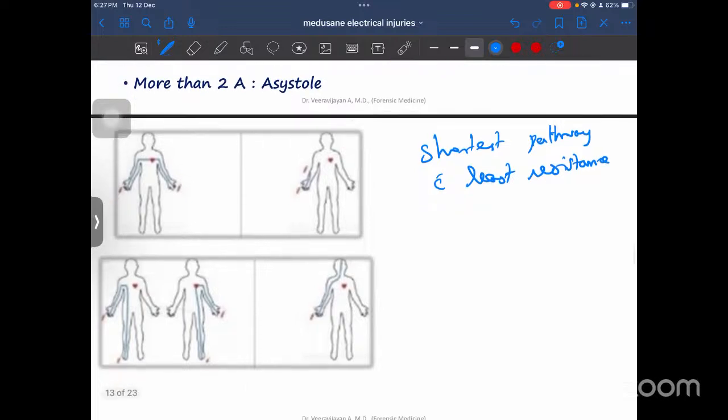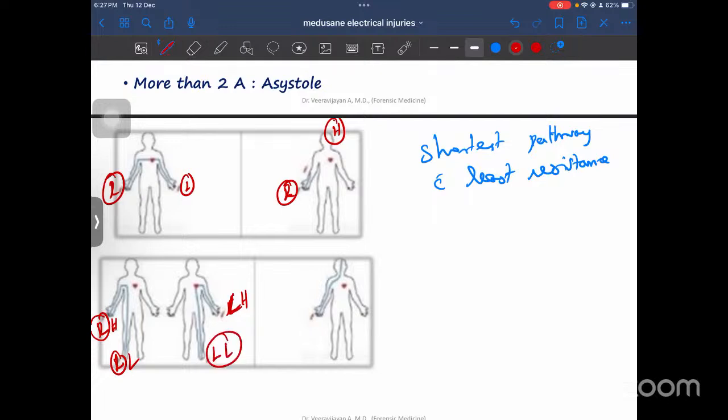See this diagram. Here the current flows from right hand to left hand. Here left hand to head. Sorry, right hand to head. Here the current goes right hand to right leg. Here the current flows from left hand to left leg.